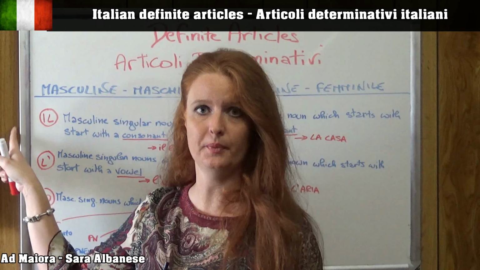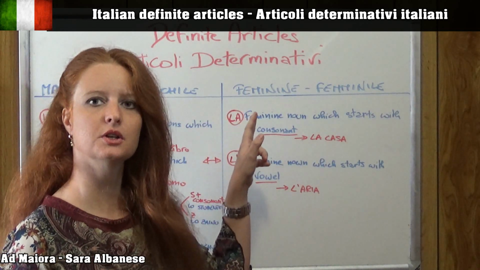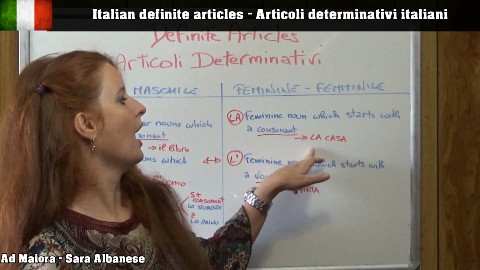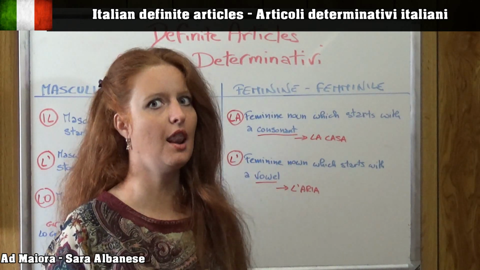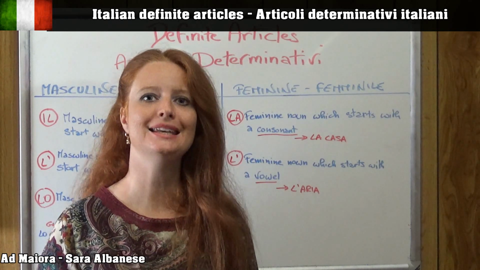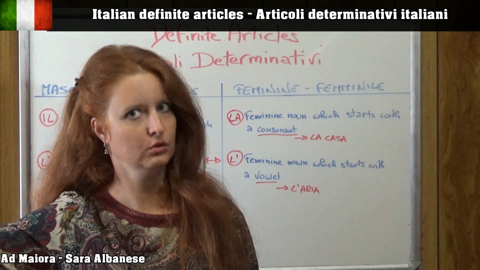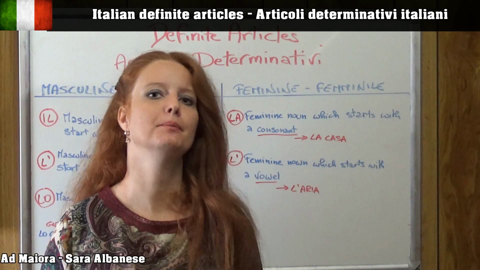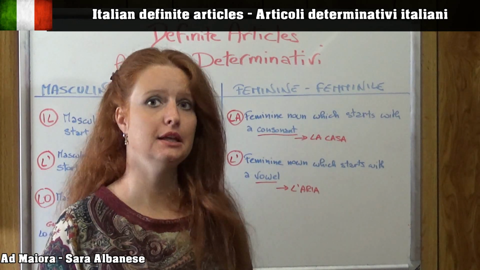Il for the masculine noun starting with a consonant, la for the feminine noun starting with a consonant. La casa. The girl, bambina. The masculine was bambino. Now feminine, bambina, girl. La bambina.